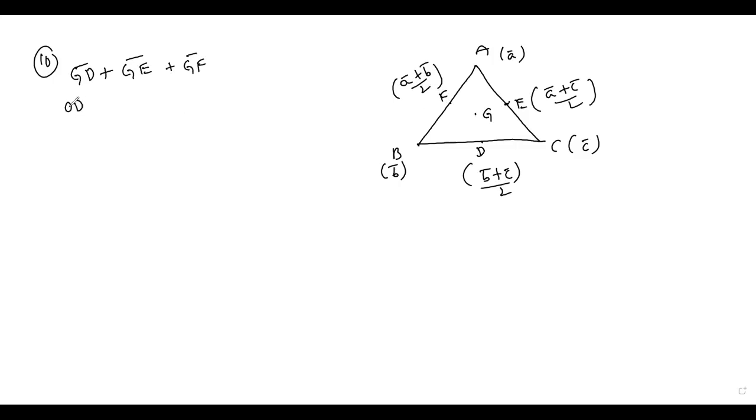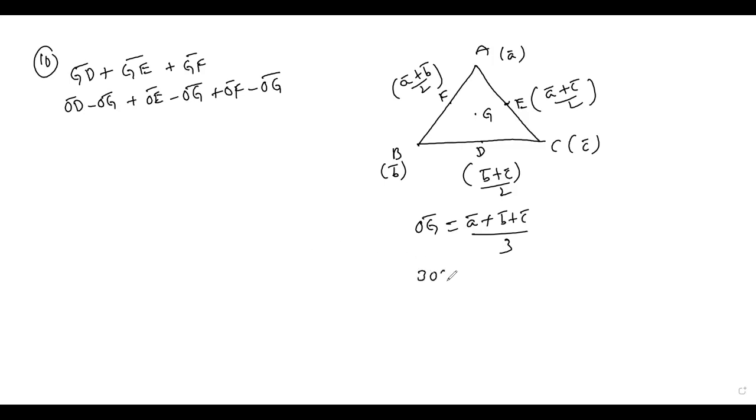Now this we can write as OD bar minus OG bar, plus OE bar minus OG bar, plus OF bar minus OG bar. Now when a bar, b bar, c bar are the position vectors of the vertices of a triangle, then OG bar is clearly the sum of all vectors by 3.